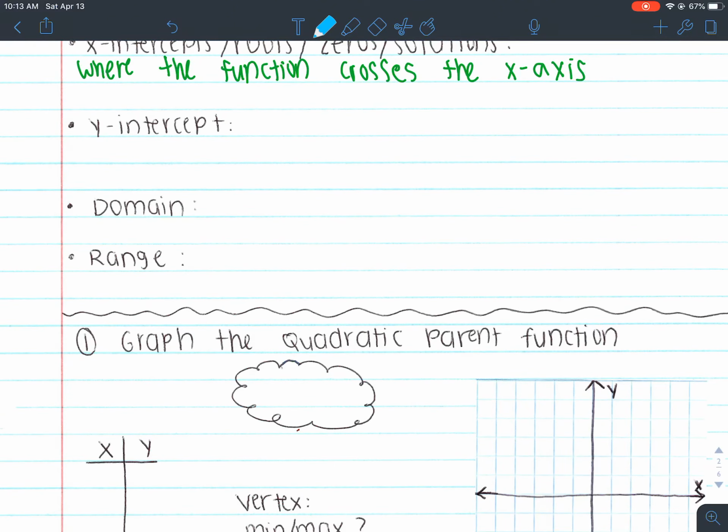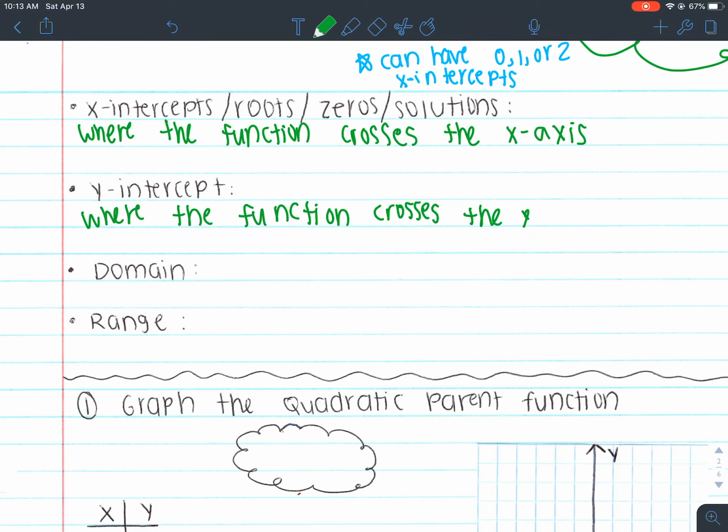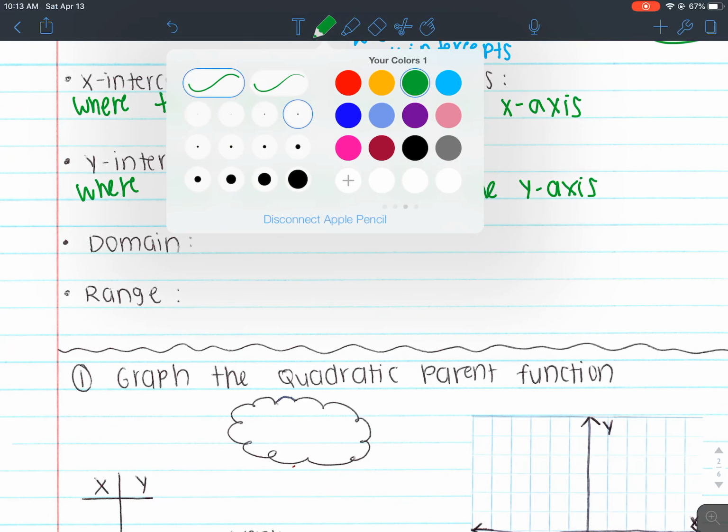Okay? Let's move on to y-intercepts. That's going to be where the function crosses the y-axis. Okay. And then our last two vocabulary words where we talk about domain and range.